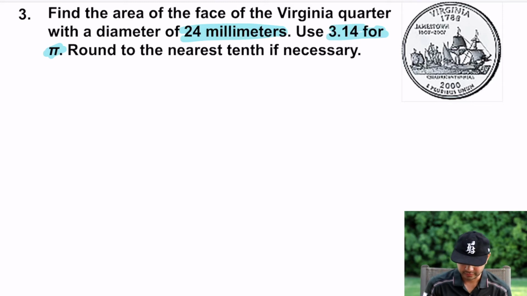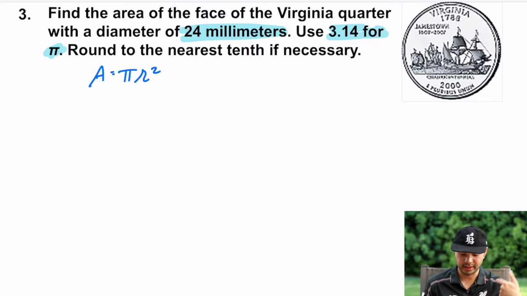Okay, so first of all, I'm going to rewrite the formula for the area of a circle, which is pi times the radius squared. So I wrote out area equals pi r squared. But right here, the important thing to note is it says it's a diameter of 24 millimeters.